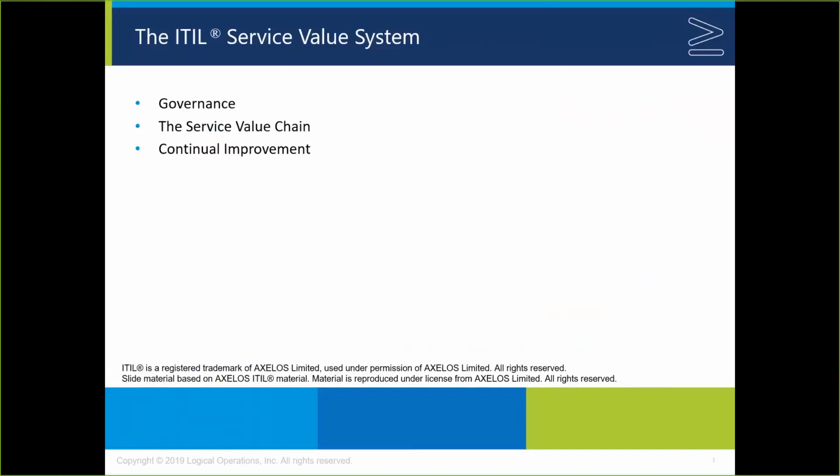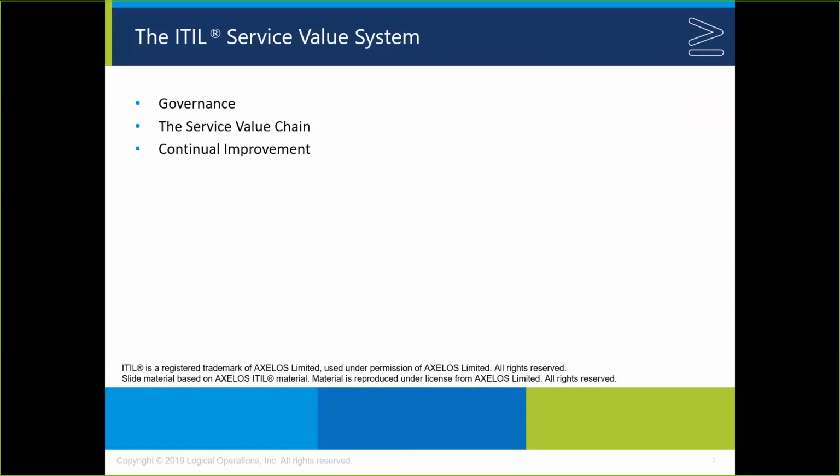So we needed to talk about the guiding principles. We need to talk about governance. We originally had all of these as separate chapters, and we ended up consolidating them together to make it a little more streamlined and to help you as an instructor keep the flow going.